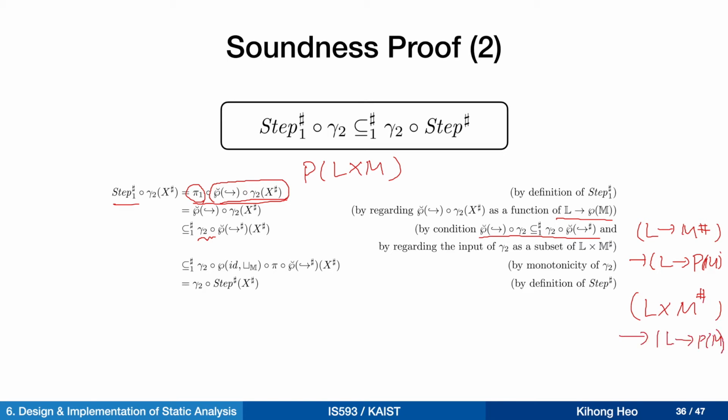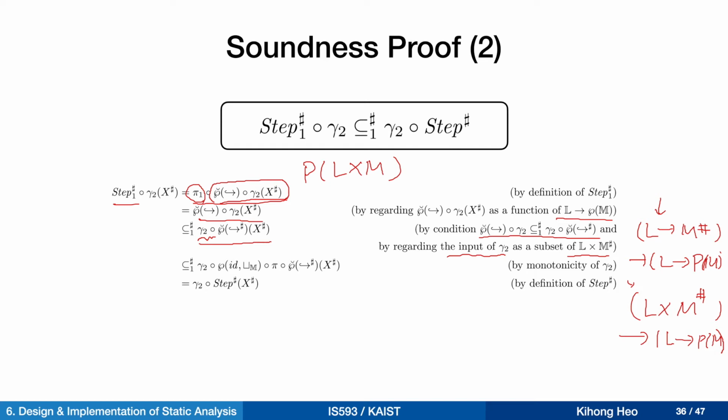The output type is the same, but let's take a look at the input type. Because this function can be viewed as a special case of a set of pairs, we can regard the input of gamma 2 as a subset of this set. Then we can say that this one is larger than this one.